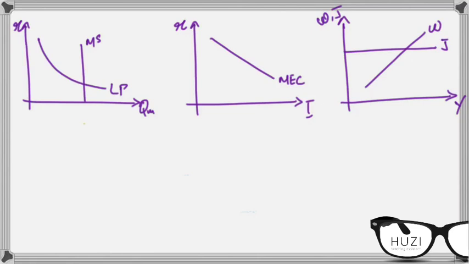So money supply will fall. Let's call this MS1. Let's say this was the previous interest rate. Interest rates rise. This leads to a fall in investment.